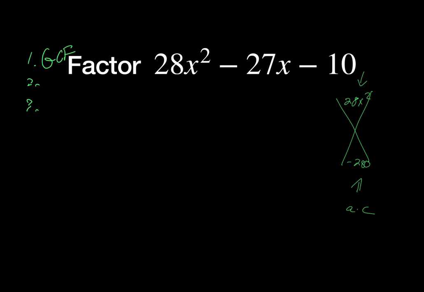Well, we already listed 2 of them, 28 and negative 10, which means negative 28 and positive 10. When they add, do they add up to negative 27, either of them? Nope, that adds up to 18 and negative 18. I need negative 27. So then it's going, all right, what else goes into 280?